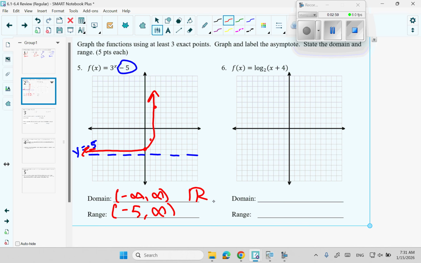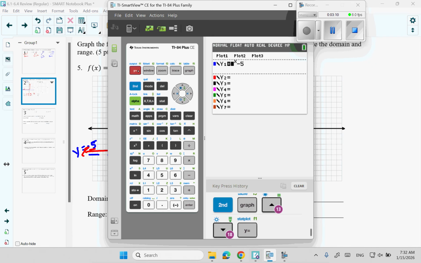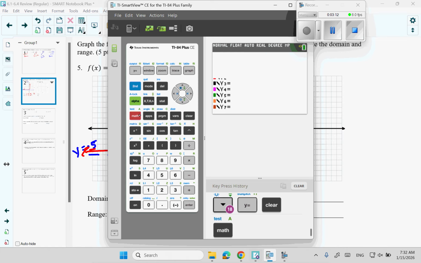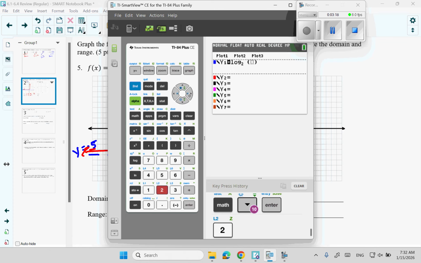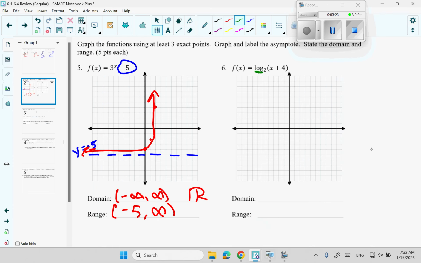So you could either do that or the double R. Here, I have a log base function, so I know my asymptote is going to be x equals. So let's take a look at how that looks. So remember, if I want to change the base, I'm going to go to math and then down to a for log base 2 of x plus 4.